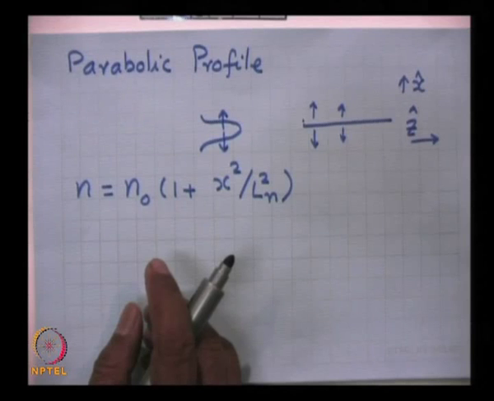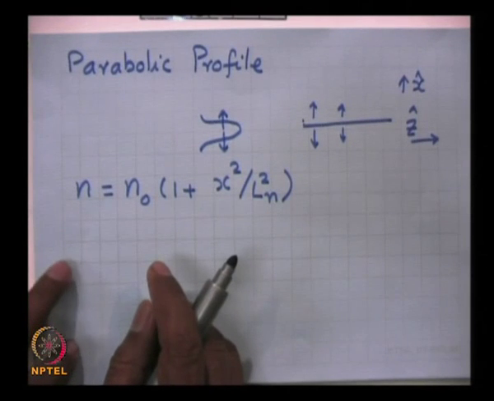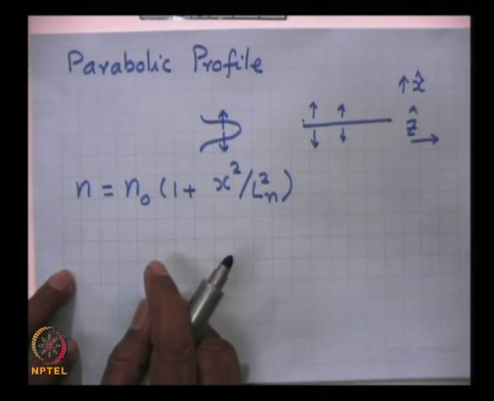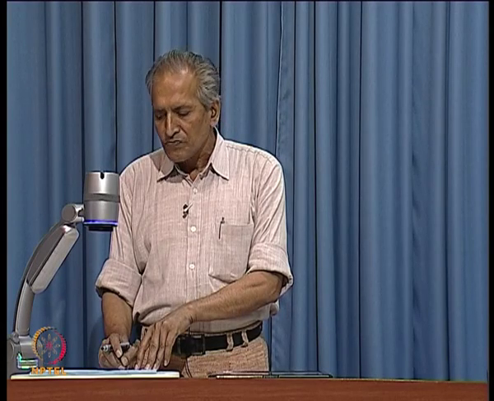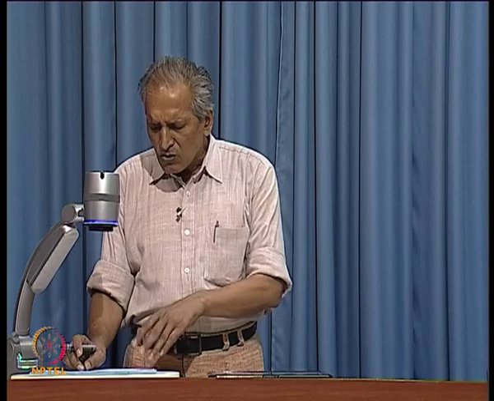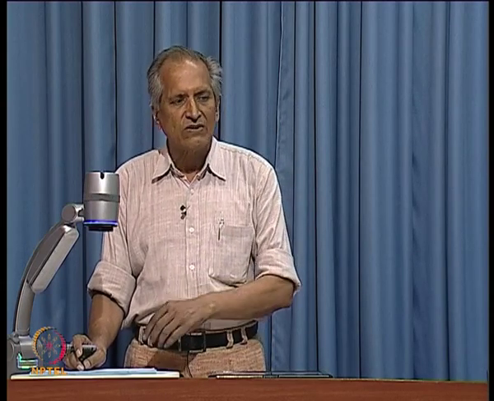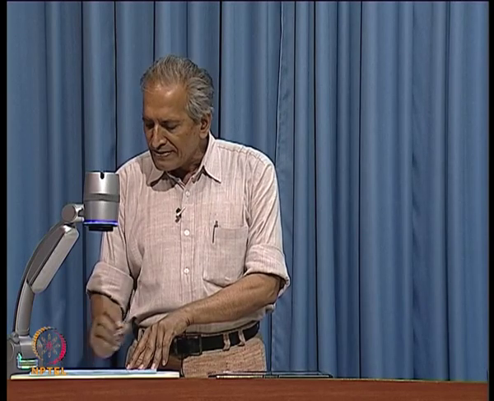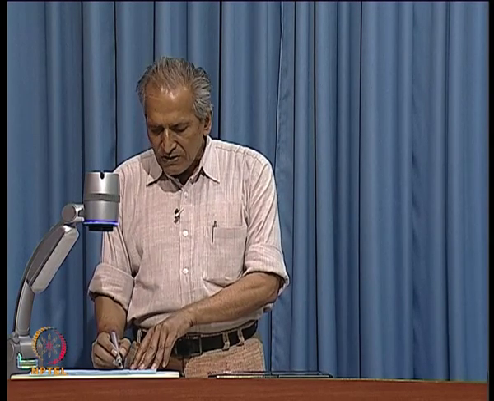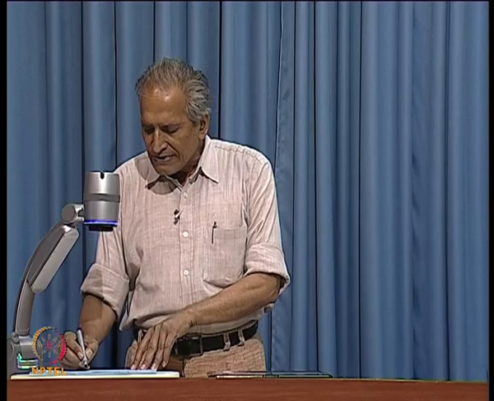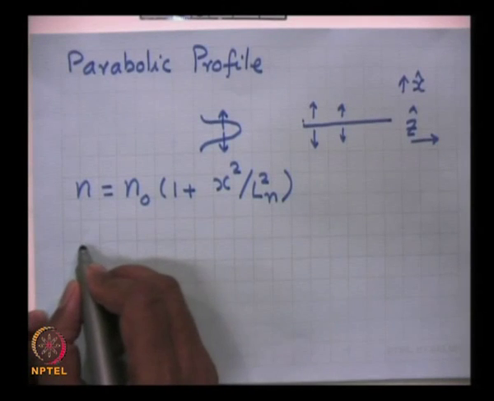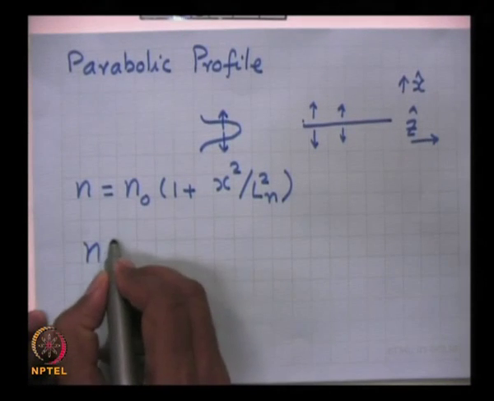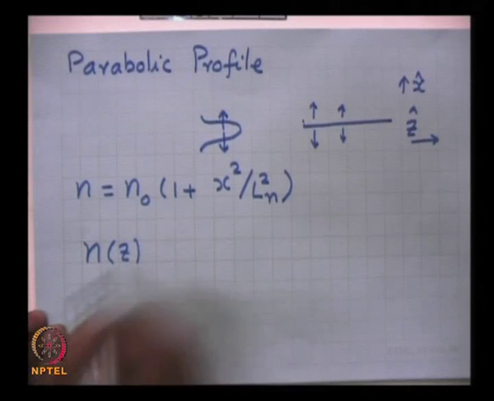Before I go into discussing the wave theory of wave propagation, let me tell you something regarding the qualitative or physical aspects of what you expect in such situations. To be simple, consider a general density variation with z, for instance.